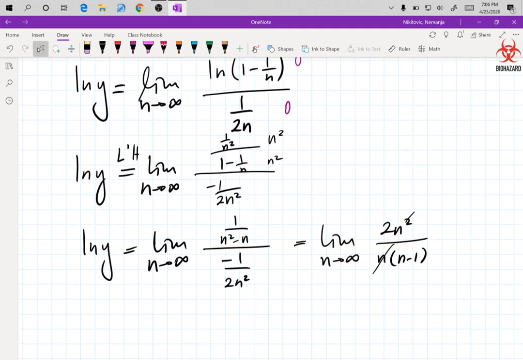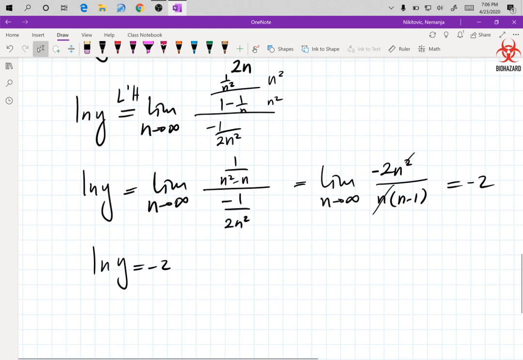And, oh, I lost my negative. See, there's a negative here. Has to be there. Because the limit clearly needs to be negative 2. So, to get y alone, we e both sides.